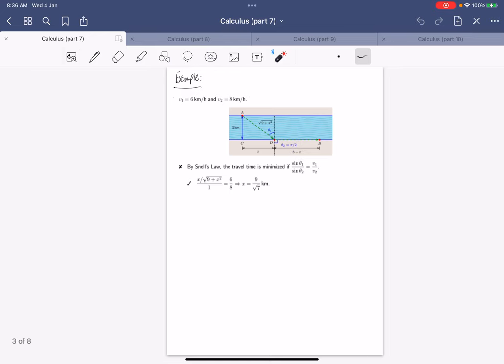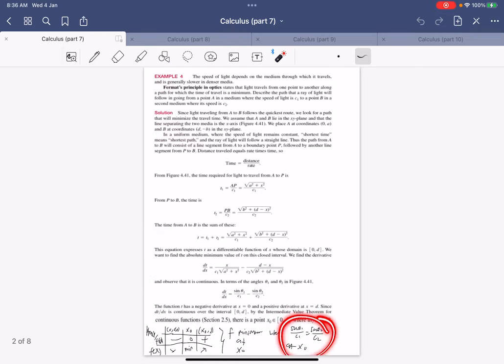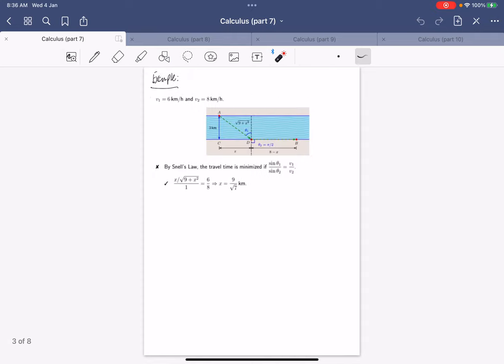So the angle here is known as Snell's law, and so time is minimized when this occurs, and then you can just solve for x easily with this, like the problem here. Because the sine of theta 1, you just use your trigonometry, you get it in terms of x, and similarly for sine of theta 2.